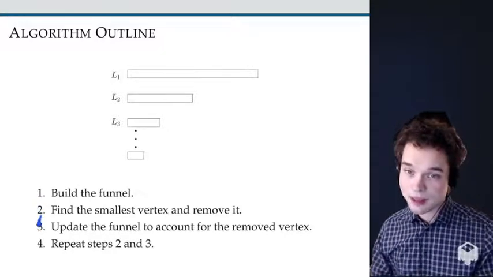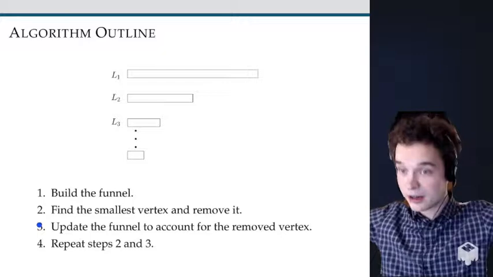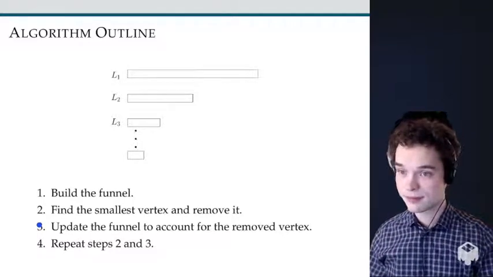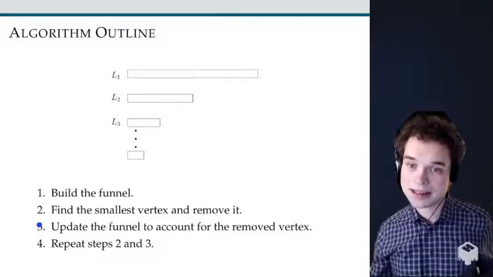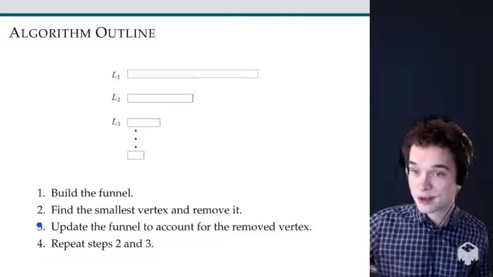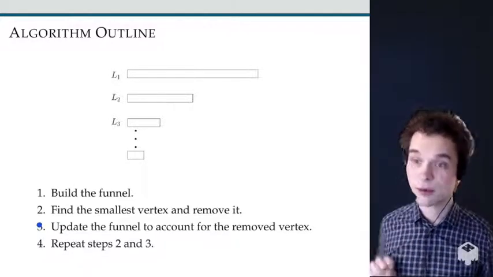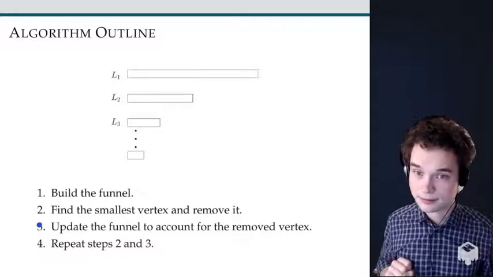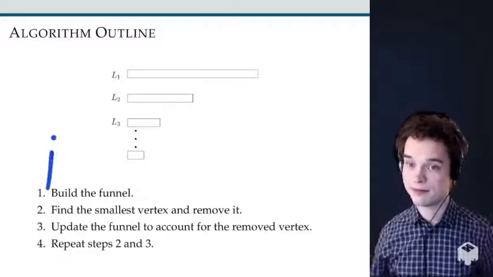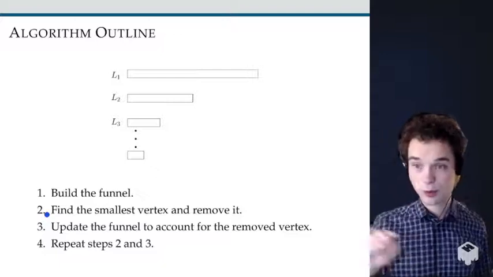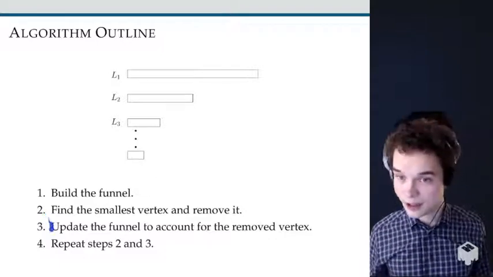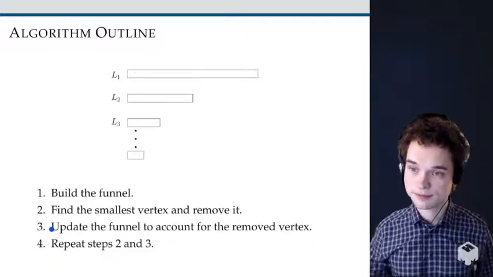Now we have the option of rebuilding our funnel from scratch. But that wouldn't be very efficient, so what we do instead is we figure out how to incrementally update our funnel to account for the fact that we've just removed a vertex. And now we can rinse and repeat. We find the new smallest vertex, we remove it, we update our funnel, and so on and so forth.